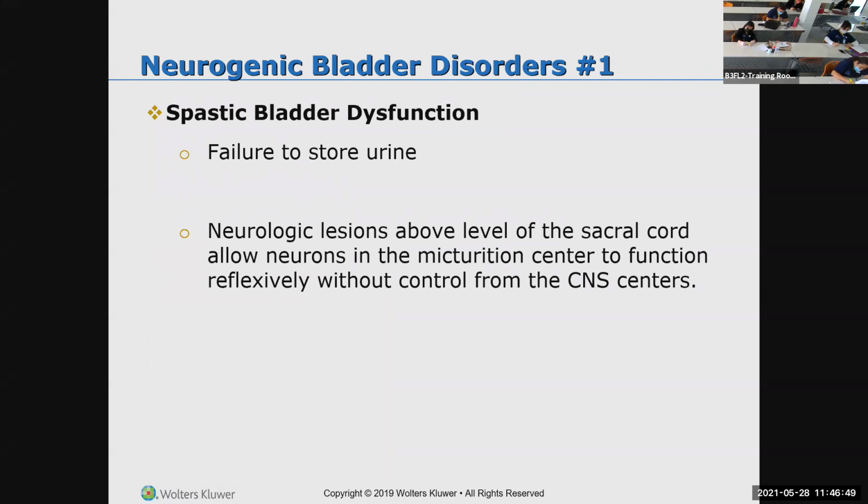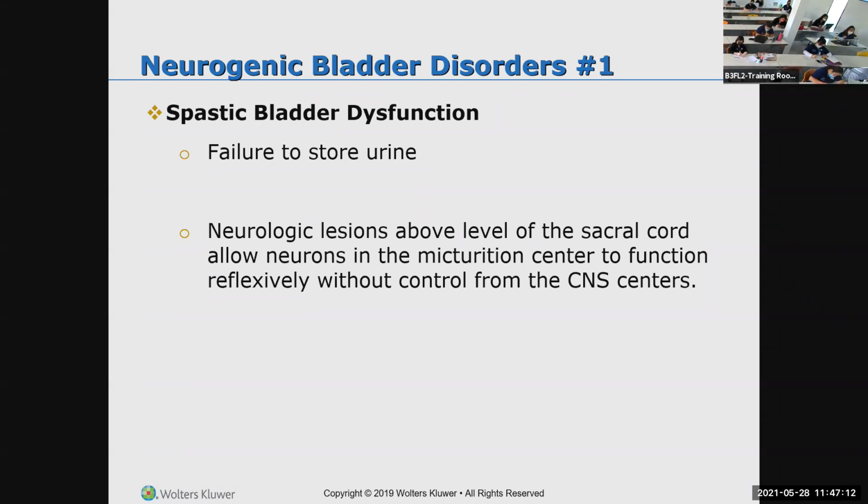Now, spastic bladder dysfunction, failure to store urine. The bladder muscle is becoming so contracted that I cannot hold the urine. It's called spastic bladder dysfunction.